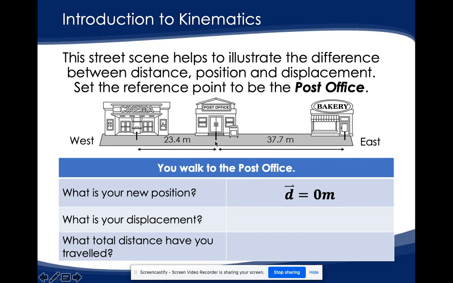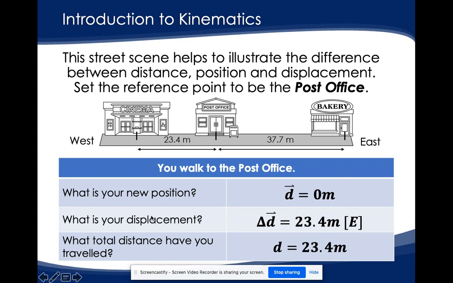Okay, the new displacement is going to be 23.4 meters east because you are now displaced from your original position of the movie theater. You walked 23.4 meters east to the post office. So that's your displacement. And then the total distance that you traveled is also 23.4 meters. Okay, so note the difference here.